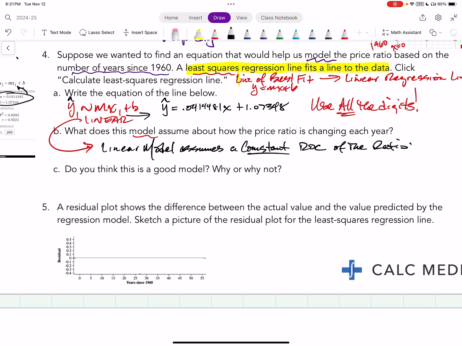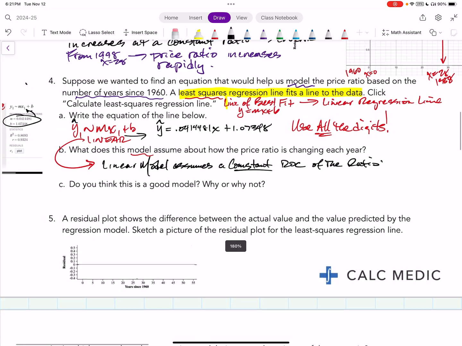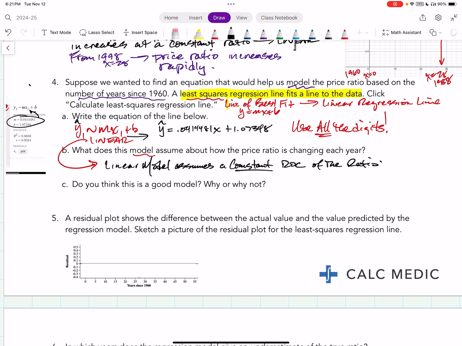You guys know that, constant AROC. It's that simple. That's nothing new. If you're using a linear function to model the data, everything that you know about a linear function applies. So a linear model assumes that the constant AROC applies. It changes at a constant rate.